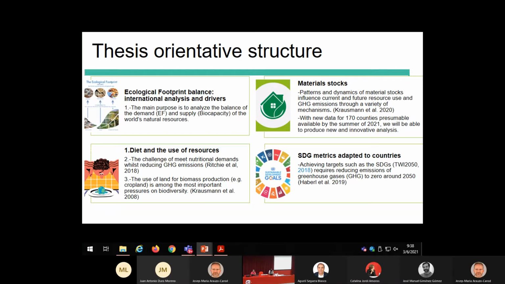And the last pillar is SDG metrics adapted to countries. It's because, well, achieving targets such as the SDG requires reducing emissions of greenhouse gases to 0 around 2050. So this is one of the main motivations.